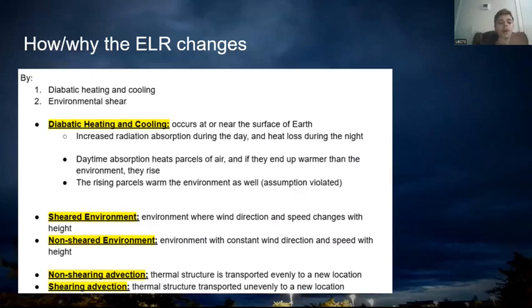A non-sheared environment is where there would be constant wind direction and speed, but more often than not, we have a sheared environment. And we can have shearing advection, which is thermal structure transported unevenly to a new location. So we have advection, which is horizontal heat transfer. We have uneven transfer of heat, and that unevenness can change the environmental lapse rate.